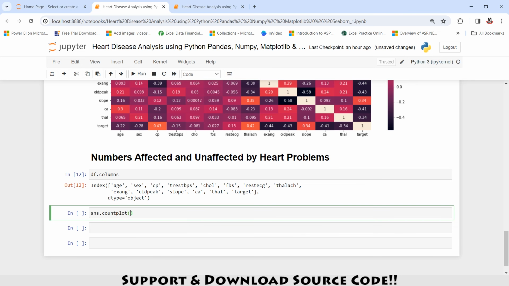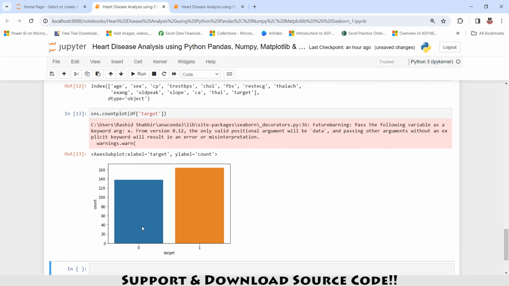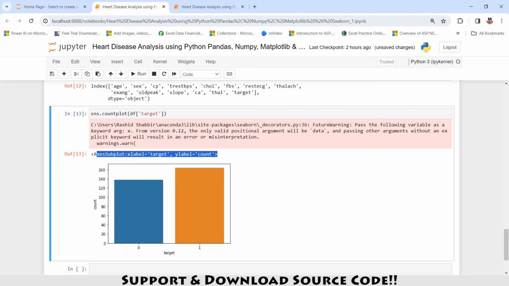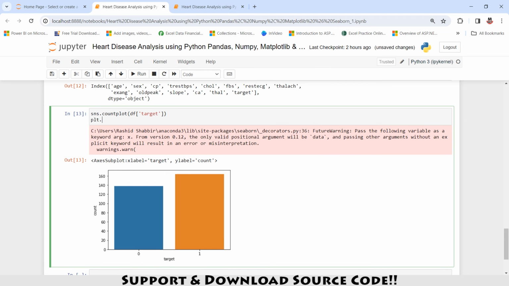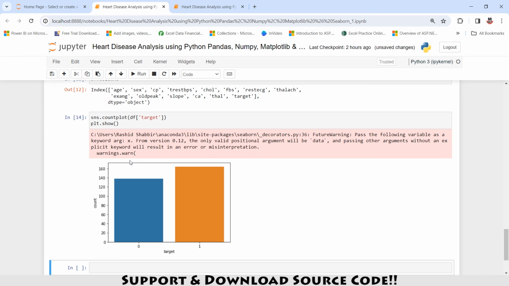My data frame is df, and in df I want to count plot this target. So I will press Shift Enter. 0 means the persons not affected by disease and 1 means the persons affected by disease. The height of this plot shows the number of persons. If I want to remove this text, then I will type plt.show. So this text is removed.